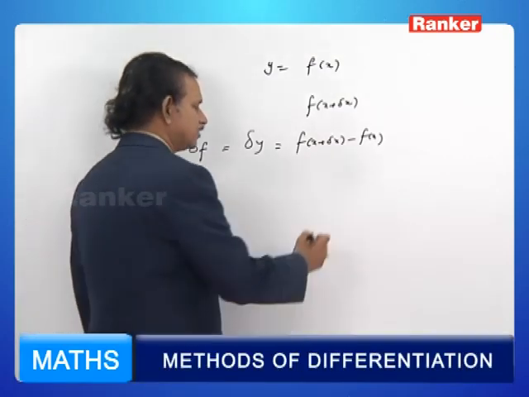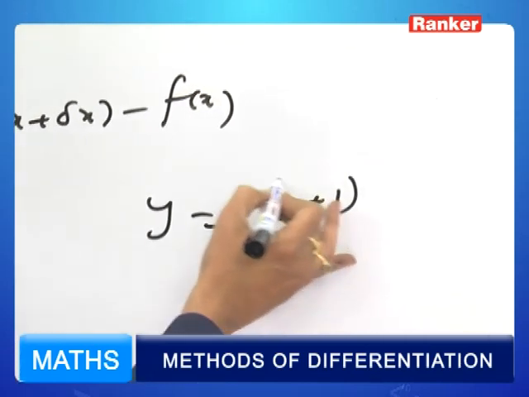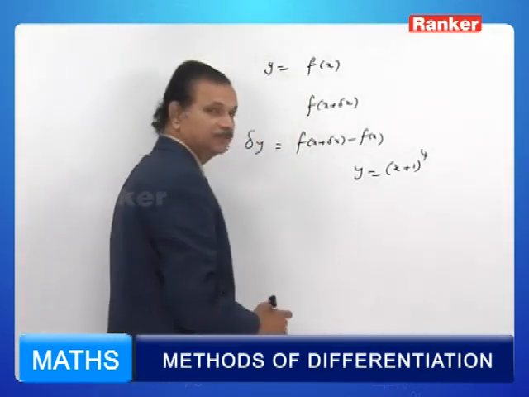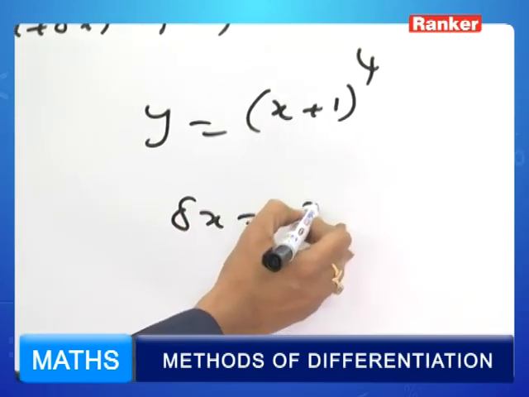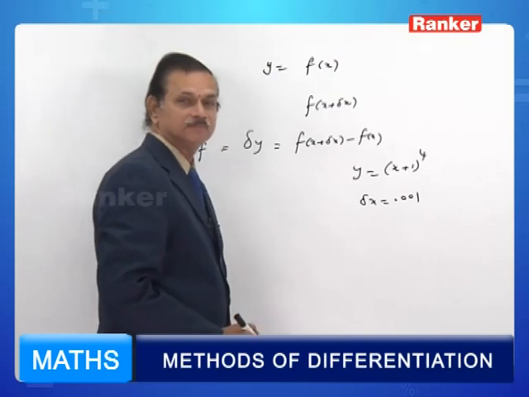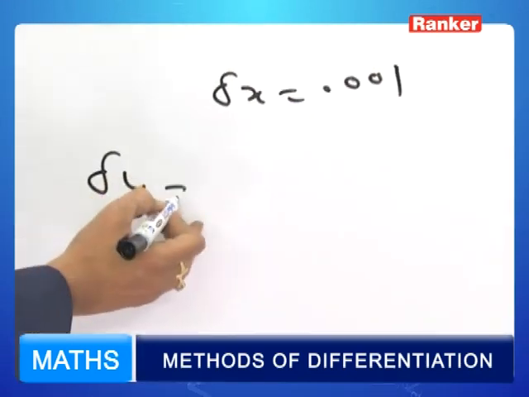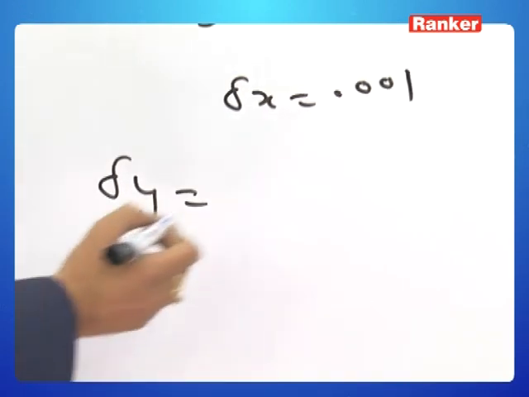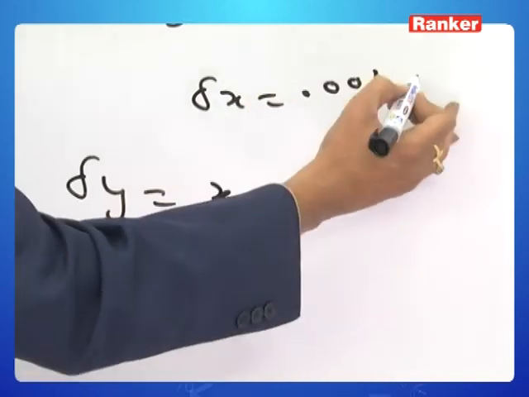Let us see an example. Suppose y is equal to x plus 1 whole to the power of 4, and I take delta x is equal to 0.001. Then what is delta y? This is x, and x is equal to 1.